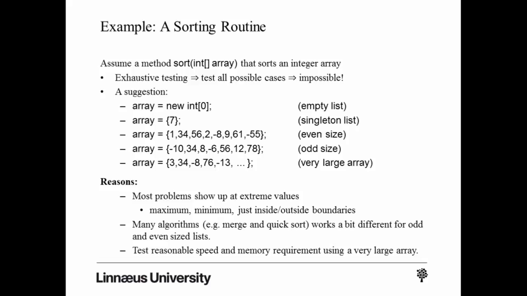Here you have only one value, there you maybe have thousands or 100,000 values, or whatever it allows. You can also test for even and odd size arrays, because different algorithms often behave differently when it comes to even and odd sizes. So that's one suggestion.